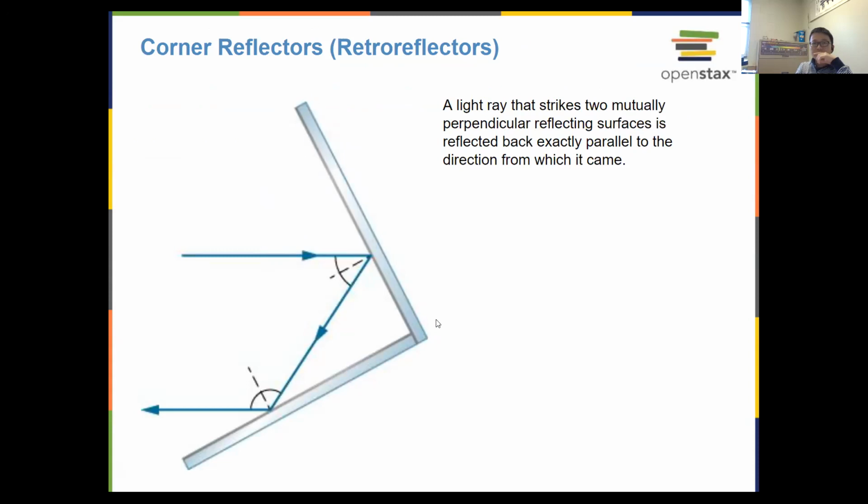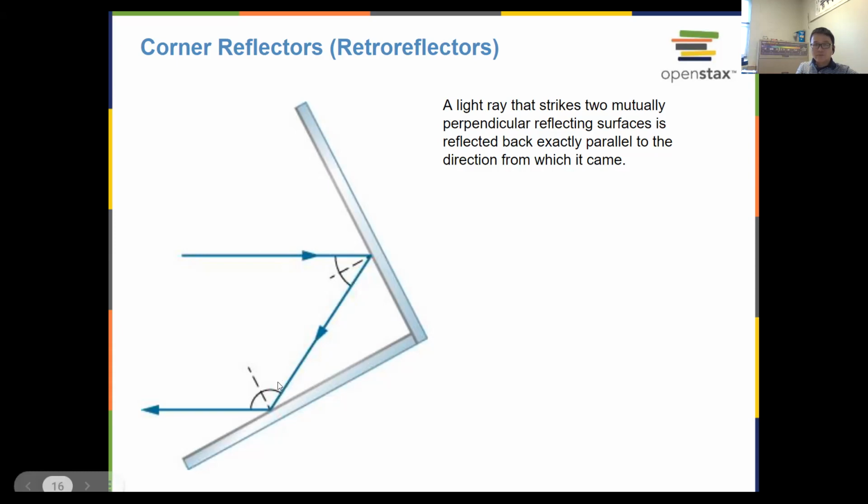So an apparatus like this is called a corner reflector or retroreflector. Okay, so that's because this incident angle, right, should be equal to this reflected angle, and this incident angle should be equal to that one. Now this is 90 degrees, so this angle equals this one, and this angle equals that one because this is parallel to that one. Okay, this is parallel to this.